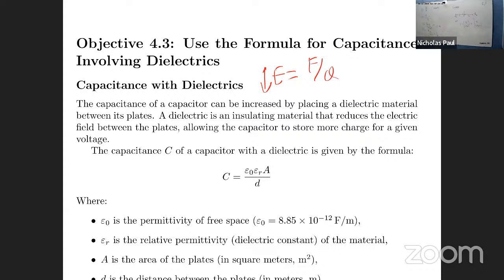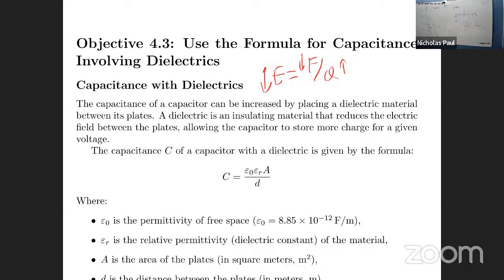It's either increasing the charge or dropping the force. The more charge the dielectric allows to be stored, the smaller the electric field. Remember the dielectric is an insulator, so it will allow the material inside to store more charge, and by storing more charge, drop the electric field.